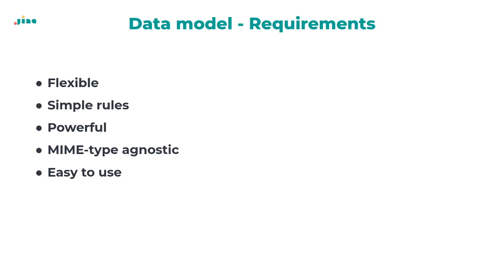Whatever you put into the nodes, you can put whatever data you want, so they're also MIME type agnostic. And from my point of view, they're also kind of easy to use. We had a different data model before, which was much more complicated, and now once you have played around a little bit with it, it's quite straightforward how to use it. So, done.